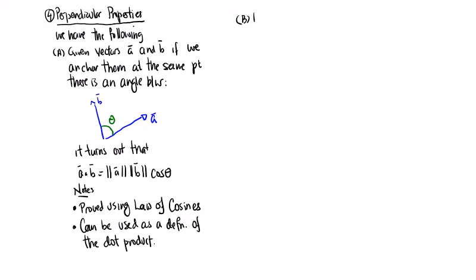So therefore, it turns out that the dot product equals 0 if and only if A and B are perpendicular.